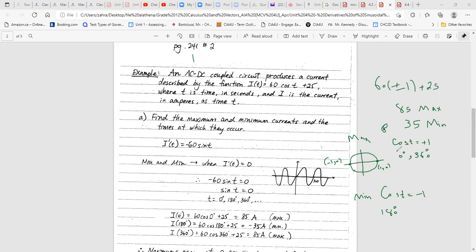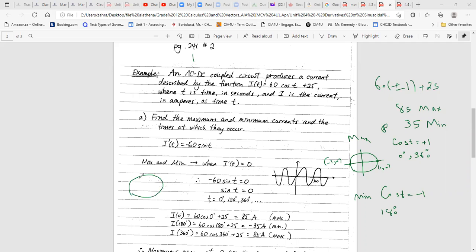Anyway, these are the maximum and minimum, or you could take a derivative and set it equal to 0. What is the derivative of this? The derivative of cosine is negative sine, so here it's negative 60 sine t. At a maximum or minimum it is 0. Sine t is 0 at what angles? At 0, 180, 360.